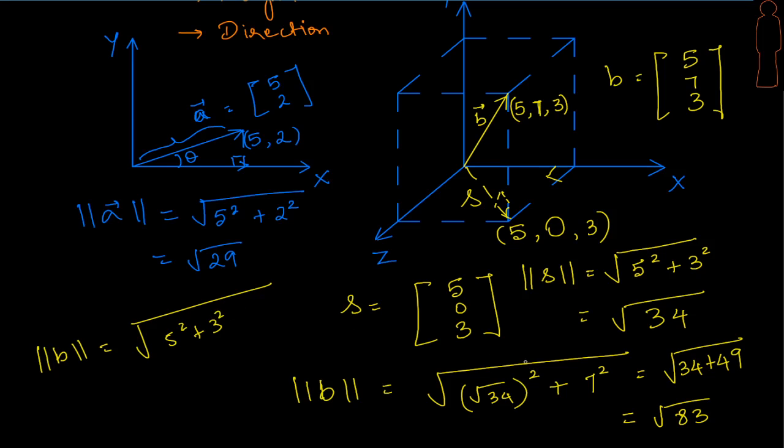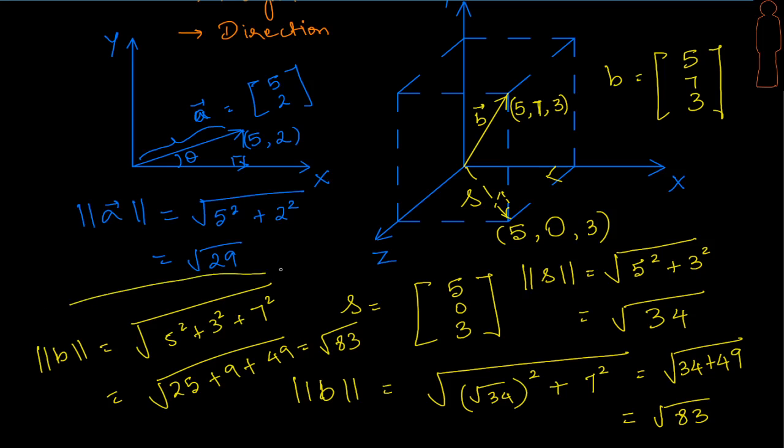Remember that we took the square root and again squared it here, which is effectively this only, 5 square and 3 square, plus the last one that we picked up is 7 square, right? Let's calculate this. So obviously this is going to come out to be the same. Sorry, let me write it a little clearly. This is 25 plus 9 plus 49, which is again square root of 83, right?